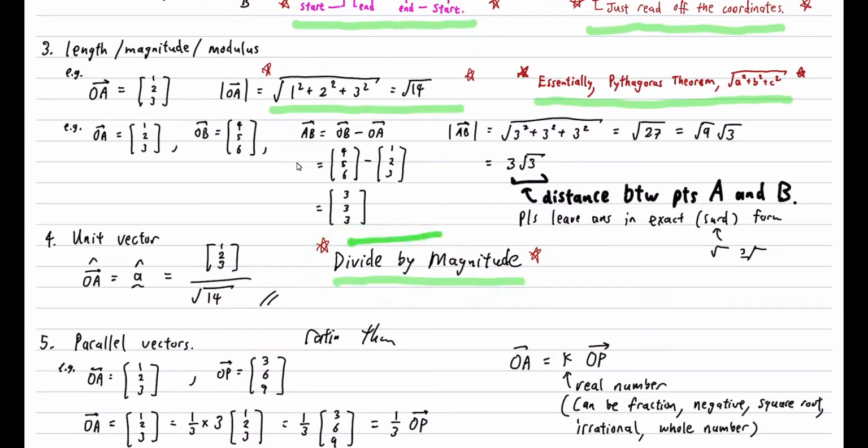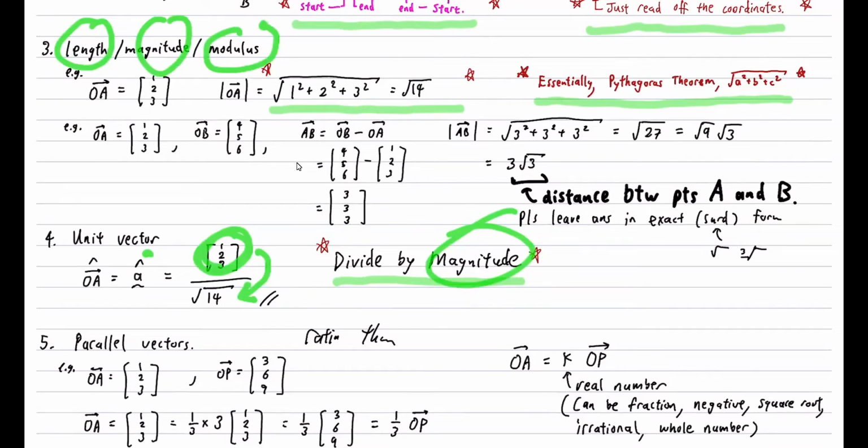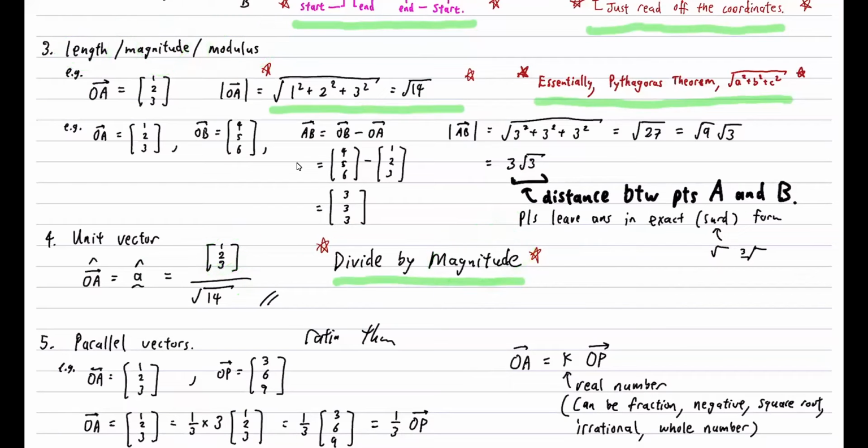How do you get a unit vector? You just start off with the original vector, vector A, and then you put on a hat. Put on a hat means you have to turn shorter because it's squishing it. So you divide by the length or magnitude. Three different names, length, magnitude, modulus, they mean the same thing. Can? What is the length now of this vector after you divide by length?